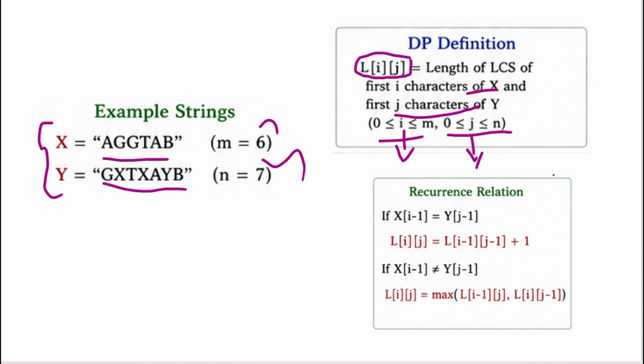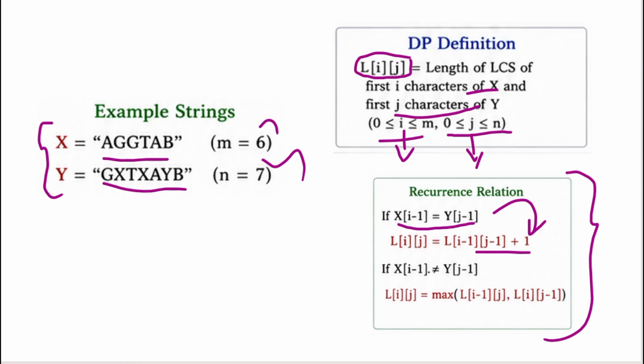Okay, so this is the recurrence relation. This formula is used to fill the values in the dynamic programming table. Here, X[i-1] equal to Y[j-1] means the character of the first string matches the character of the second string, so simply add the diagonal value plus 1.